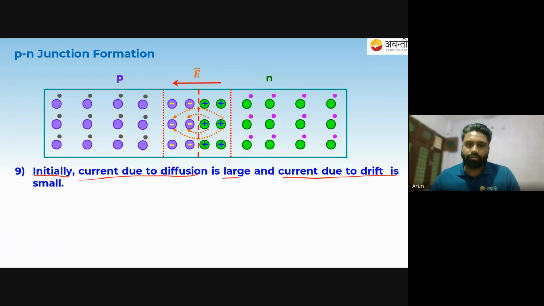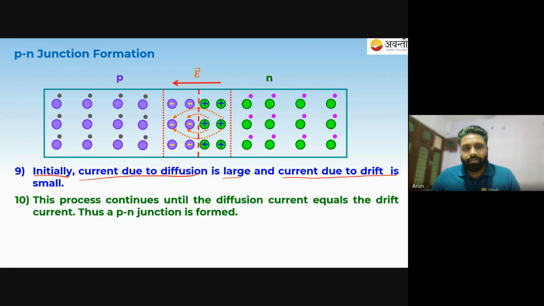Initially, I'm talking about. Then what will happen? This process continues until the diffusion current equals the drift current. Initially, what is happening? These electrons are coming and diffusing into these vacancies from the n region to the p region. But the minority charge carriers face a hard time crossing this barrier.